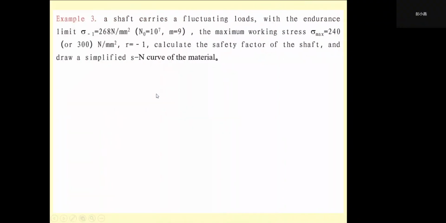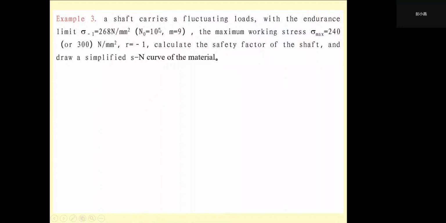Okay, let's look at an example. A shaft carries a fluctuating load with the endurance limit or fatigue strength sigma minus 1 of 268. This is the endurance limit sigma minus 1, and under the cycle number N0.